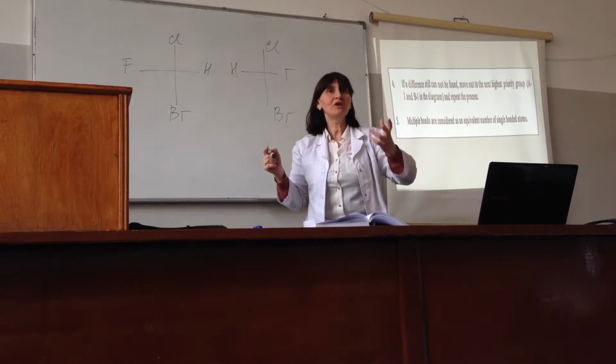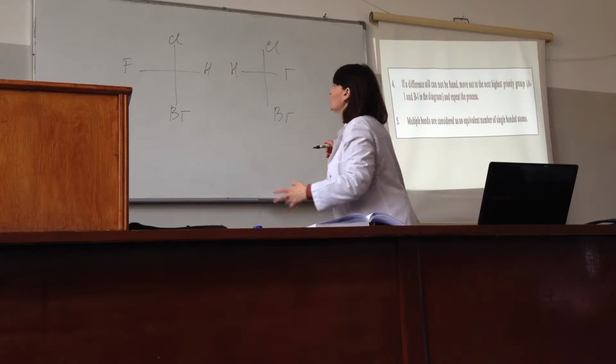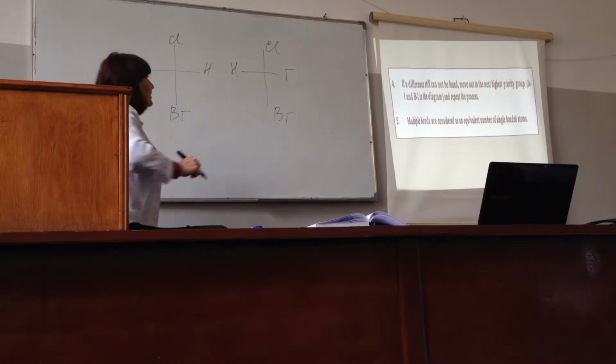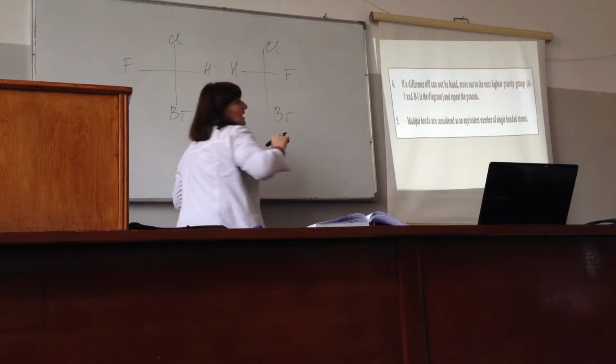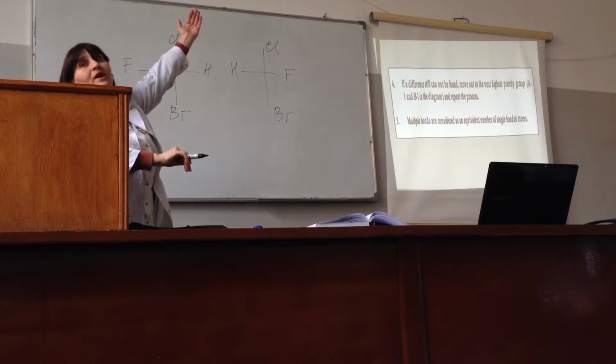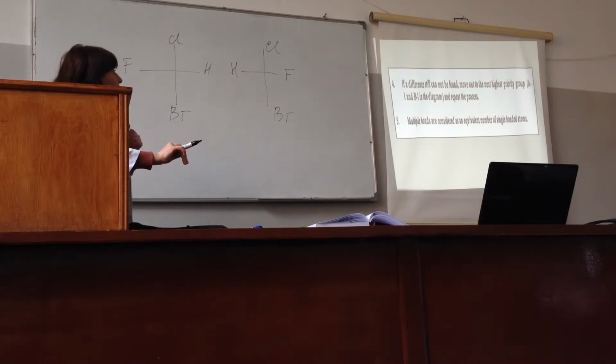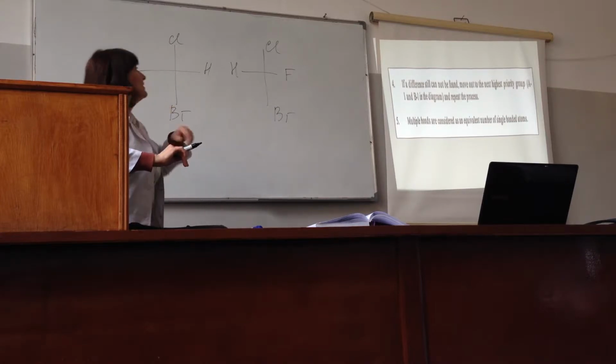By the Cahn-Ingold-Prelog system, abbreviated CIP system, or RS configuration system. First of all, you need to determine which group has the highest priority and which has the lowest priority. How can you determine this? According to their atomic numbers.